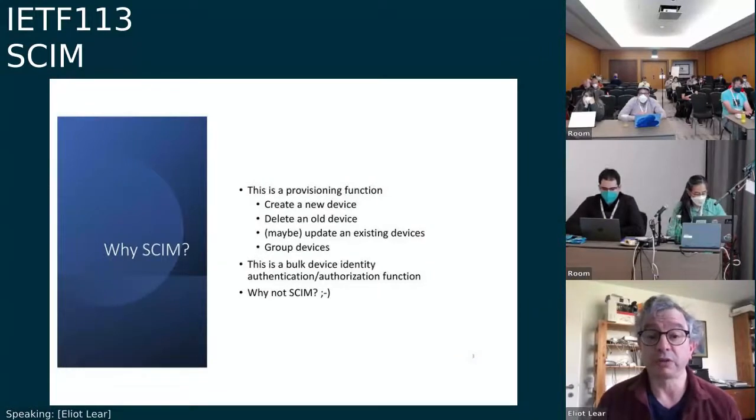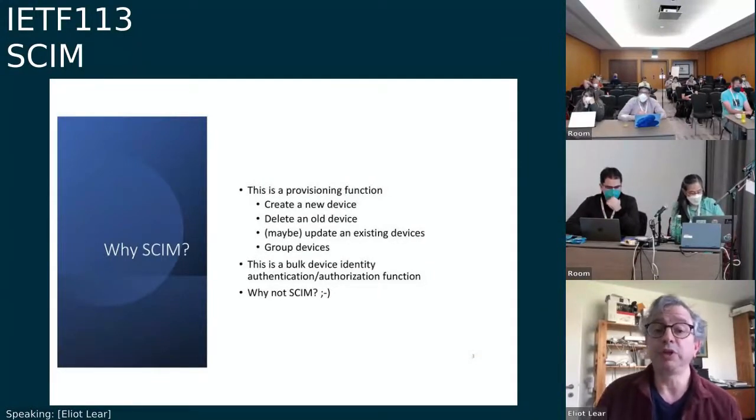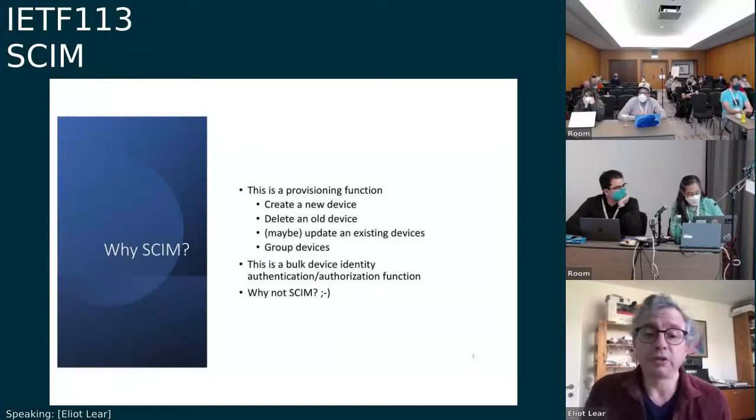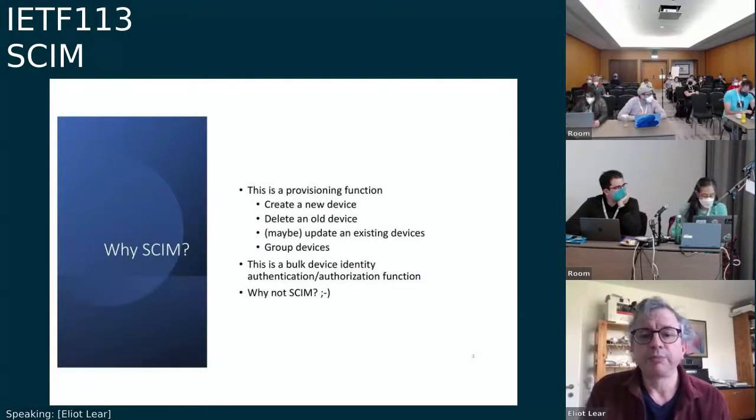So the key question is, right, here we have a provisioning thing. We know we need to provide some information about the device into a local environment. We might need to delete old devices. There may be a need to update existing devices, and there might be a need to group devices.